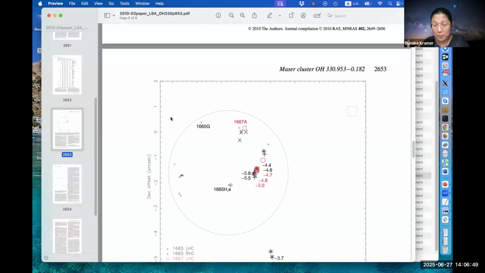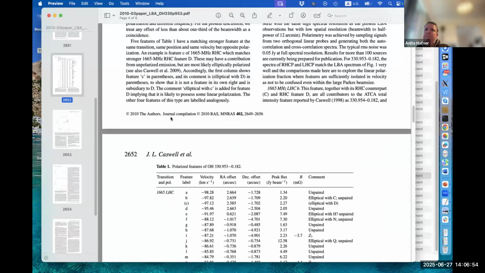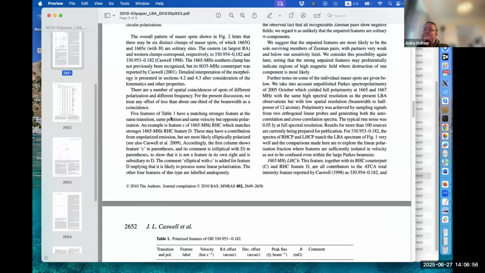So I think you need a couple of epochs, because this is just the observation of one epoch. Maybe that's a good LBA proposal together with TNRT monitoring.